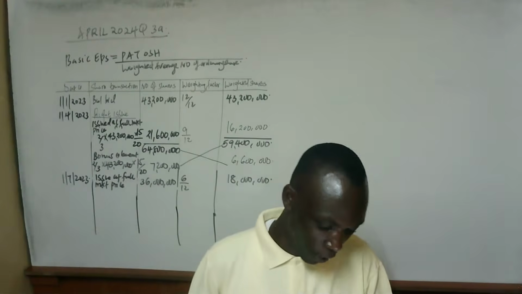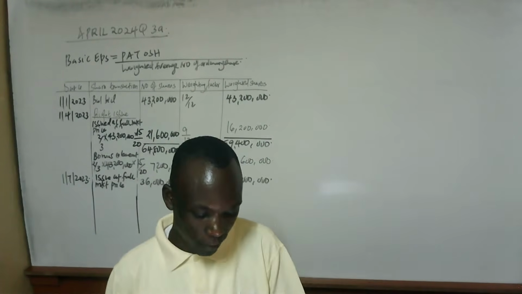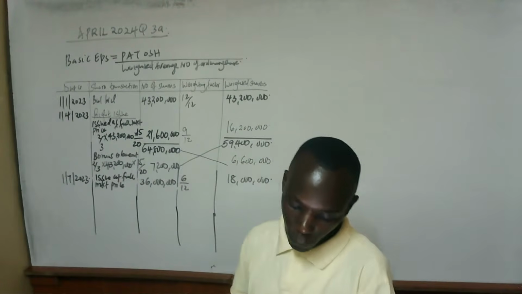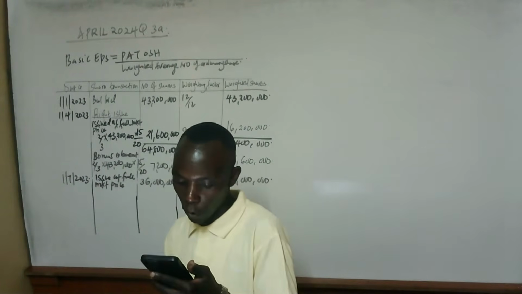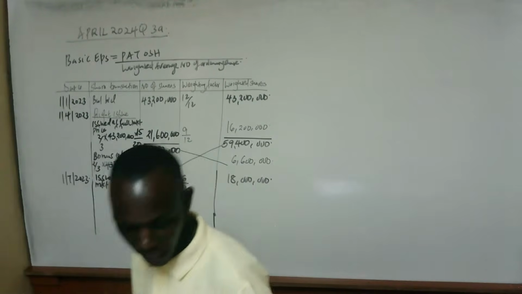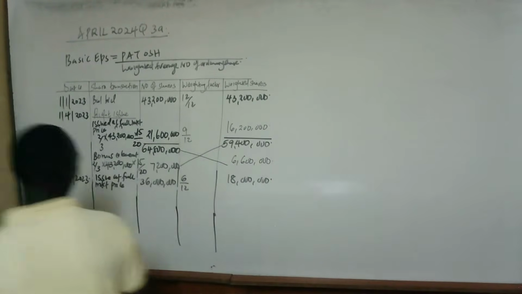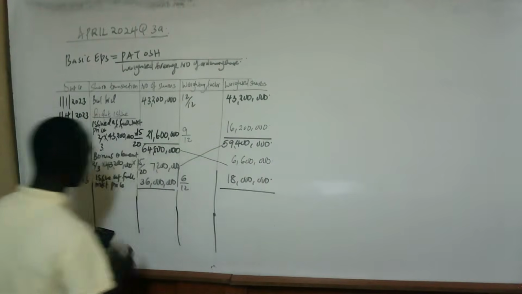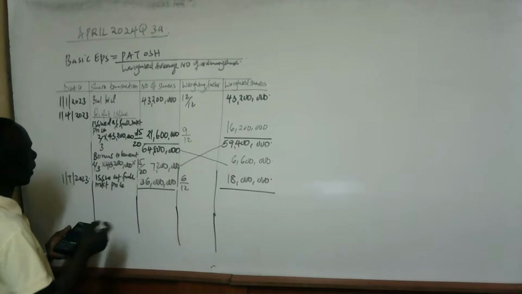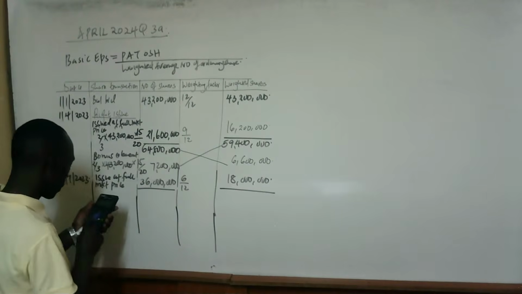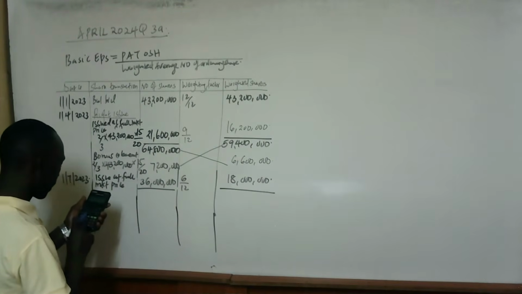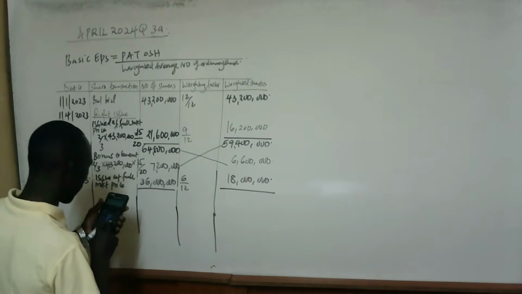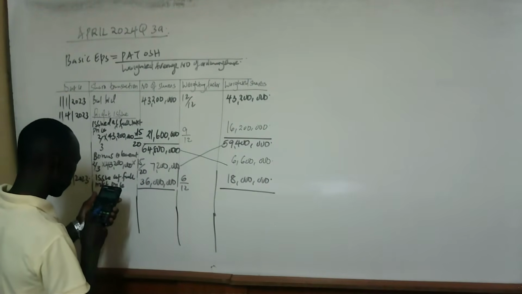The next note is talking about what? You are told that on 1st September 2023, the company made a 1-for-3 bonus issue of ordinary shares. And I said, anytime you hear about the bonus, you must think about the totals. So the totals will be how much? This plus this plus this. So 64,800,000 plus 7,200,000 plus 36 million.